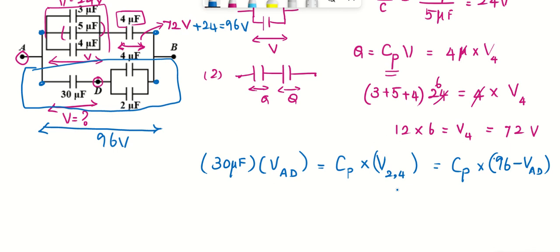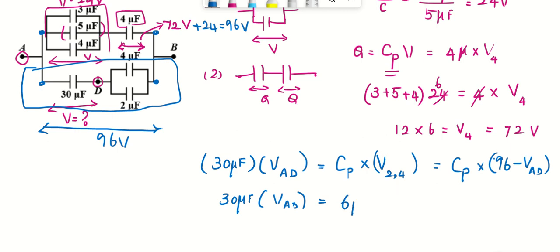Good. Now we have to find out 30 microfarad VAD equals, what is Cp here? Cp is the combination capacitance of 4 and 2, since these two are connected in parallel. So 4 plus 2 is 6.